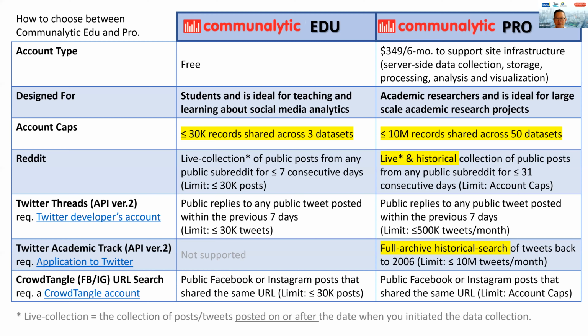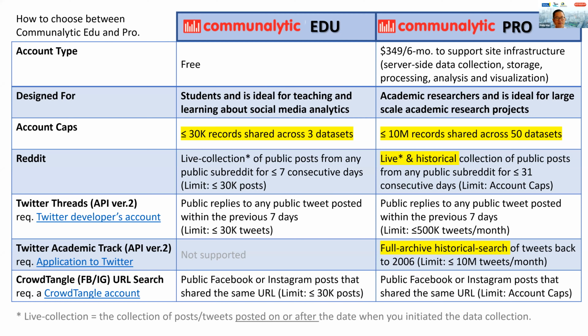There are 2 versions of Communalytic, the EDU and Pro. The EDU version is designed for students and is ideal for teaching and learning about social media analytics. The Pro version is designed for academic researchers and it's ideal for large-scale academic research projects. The main difference between the 2 versions is the size and the types of data you can collect. For example, with the EDU version, you can collect up to 30,000 records shared across 3 data sets.